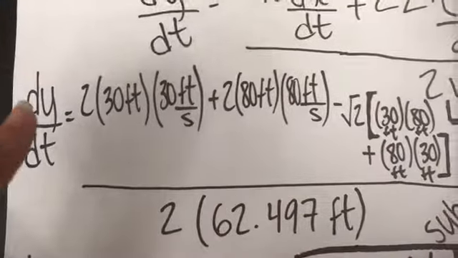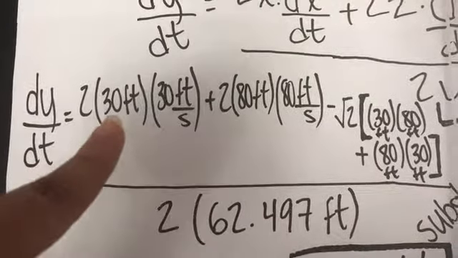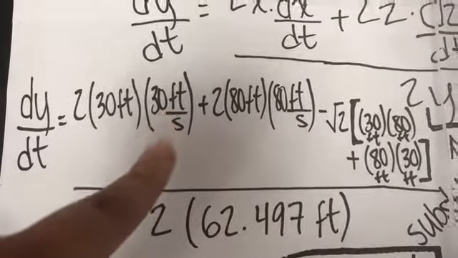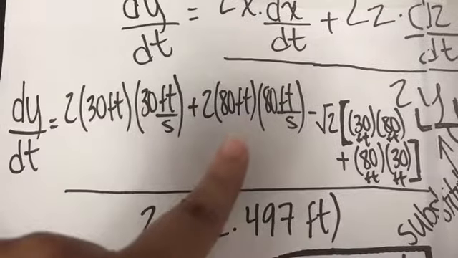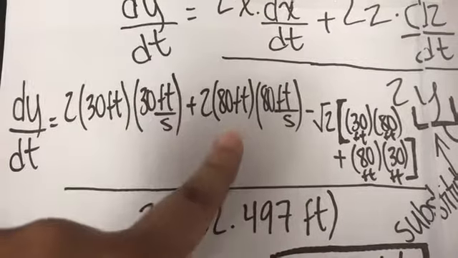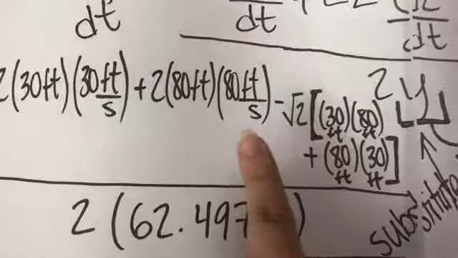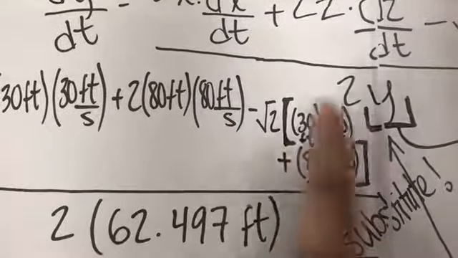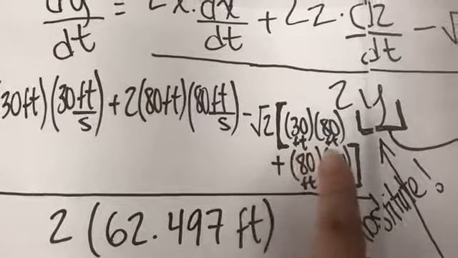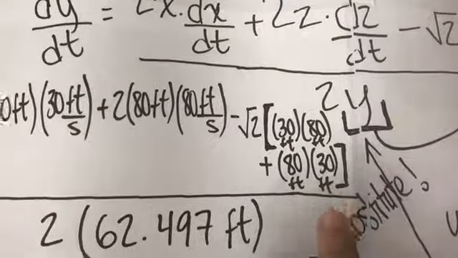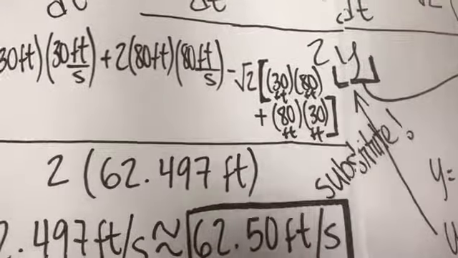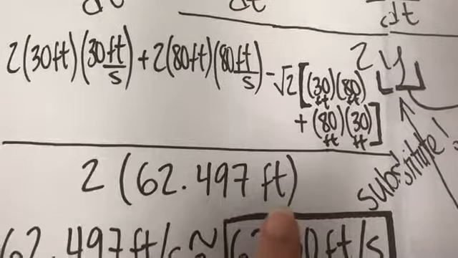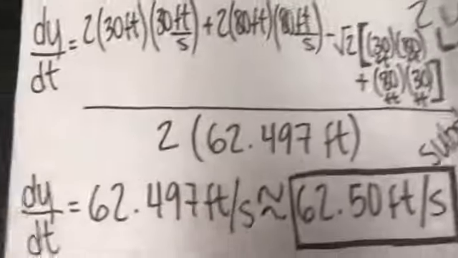So dy over dt is equal to 2 times 30 feet times the rate, which is 30 feet per second, plus 2 times 80 feet, which was the c that we already found, times the rate, which is 80 feet per second, minus square root of 2 times the product rule, which was 30 feet times 80 feet plus 80 feet times 30 feet, over, and remember this part, 2 times 62.497 feet, which was the y that we already found.